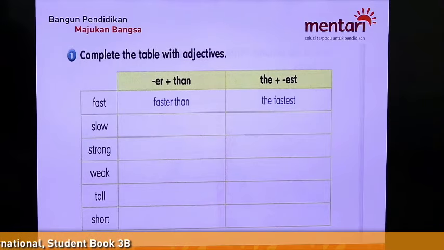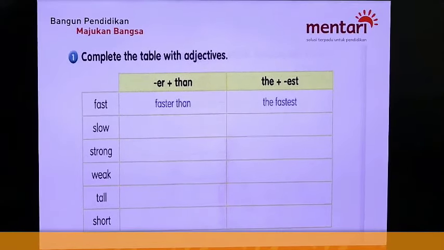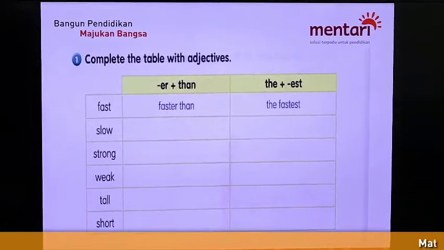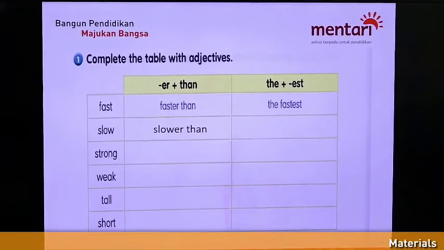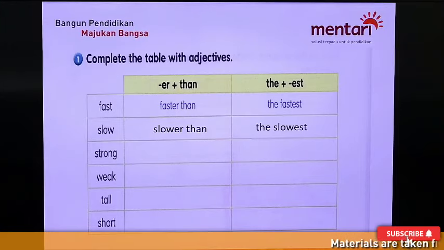All right, everyone. I want to discuss your answers together. So in these boxes, we could say from the example, fast, faster than, and the fastest. For the next one, slower than, and the slowest.